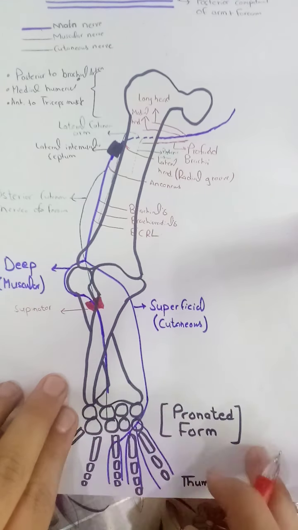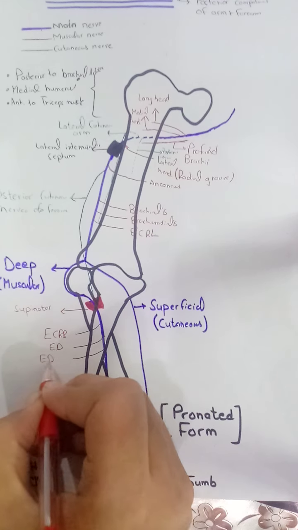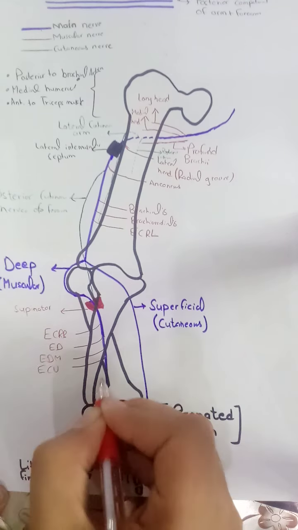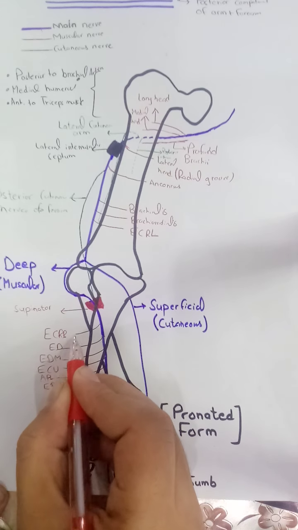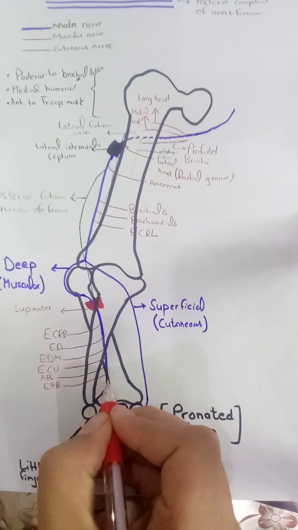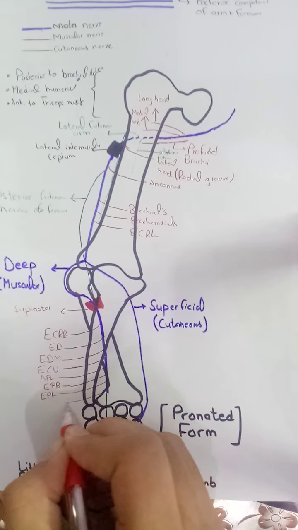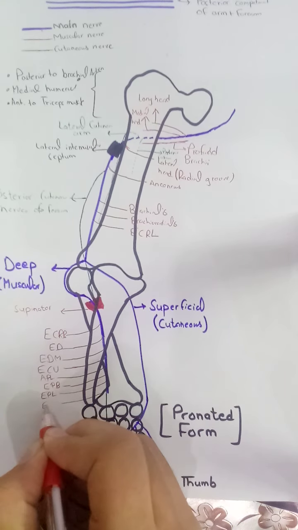Then it will supply the extensor digitorum muscle, the extensor digiti minimi muscle, then the extensor carpi ulnaris muscle, the abductor pollicis longus muscle, the extensor pollicis brevis muscle, then the extensor pollicis longus muscle, and the extensor indicis muscle. These are all the muscles of the posterior compartment of the forearm.